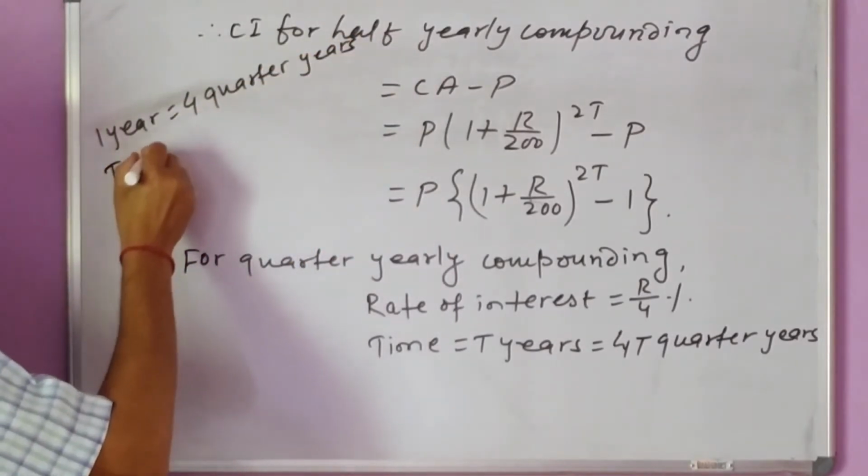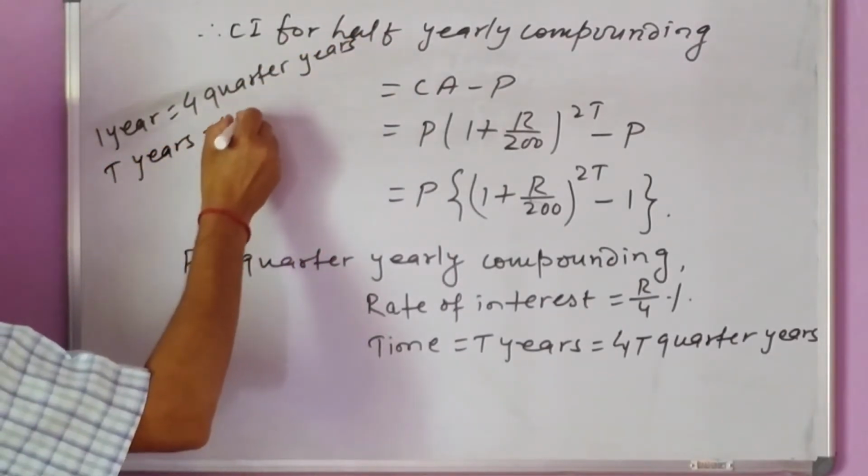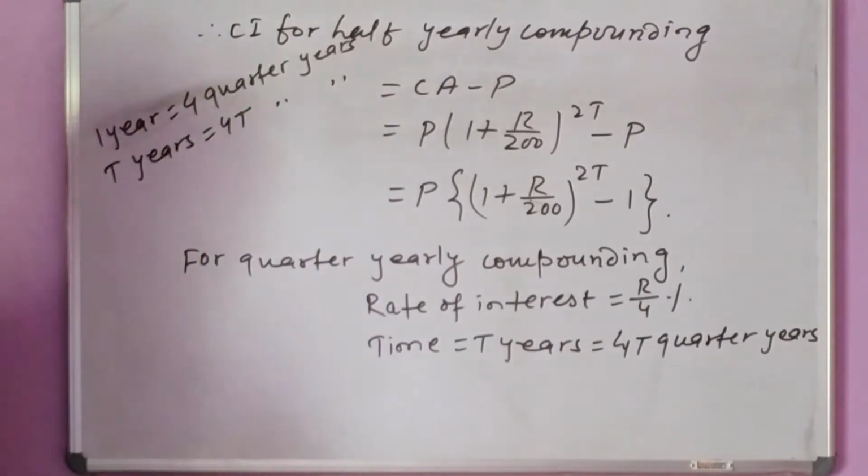Therefore, T years is equal to 4 times T quarter years.